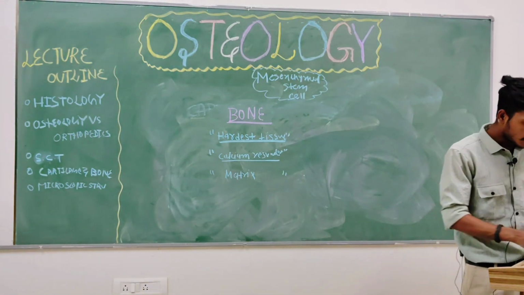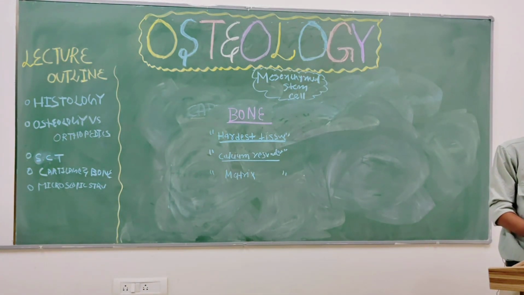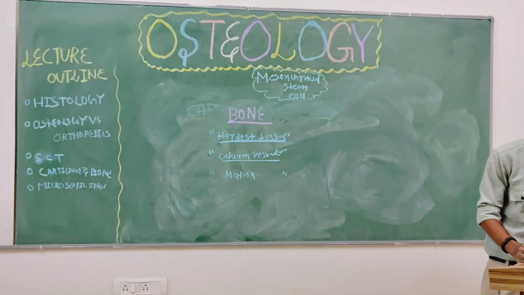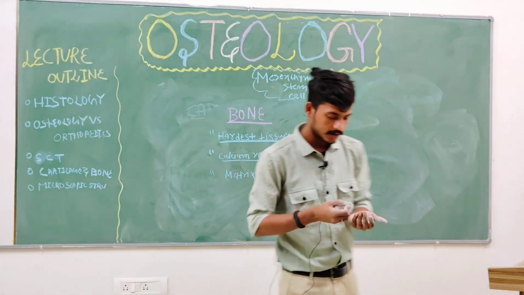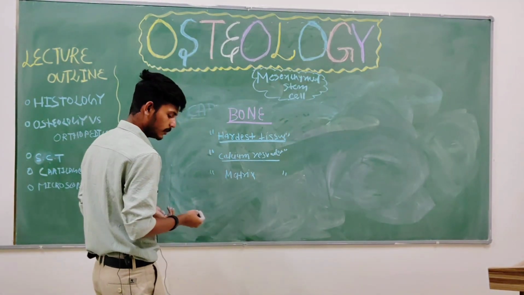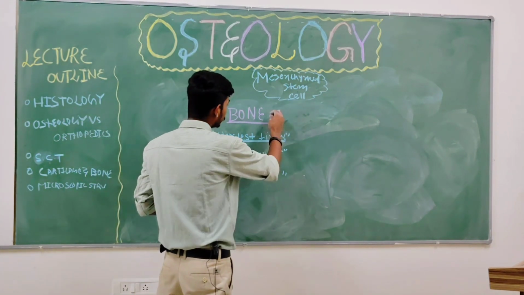Now we will go with the microscopic structure of bone. But for a while just understand the function. You already know about the function of the bone, but once again.